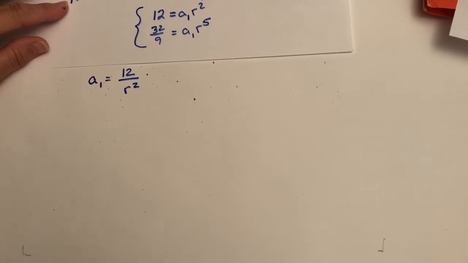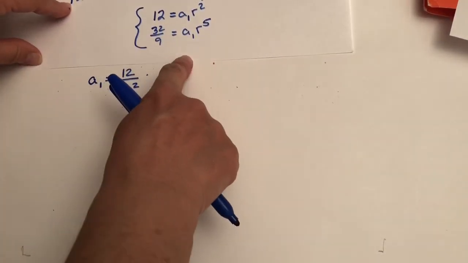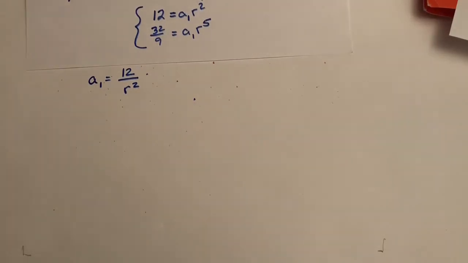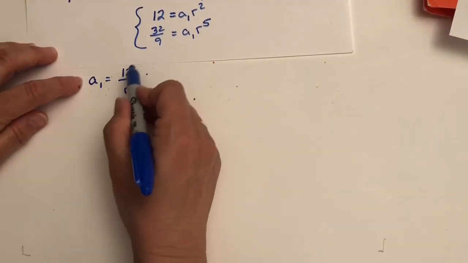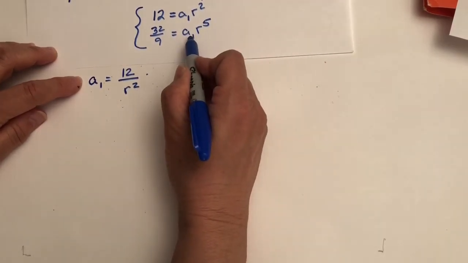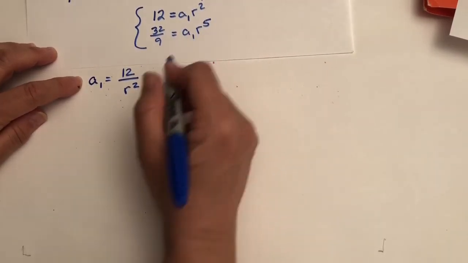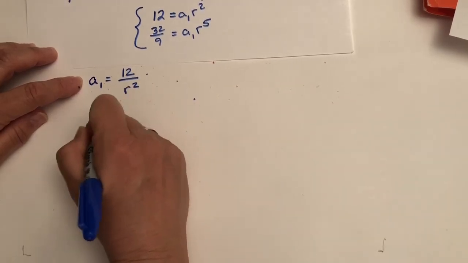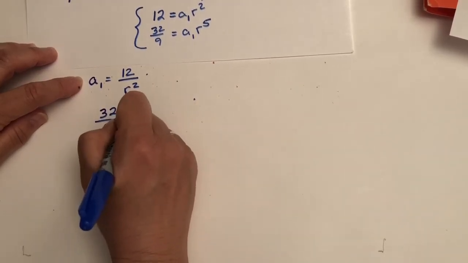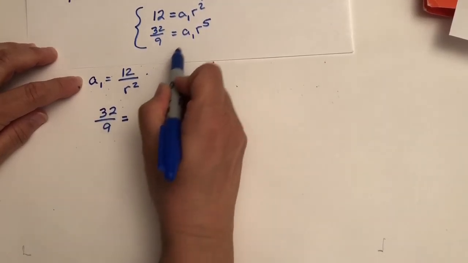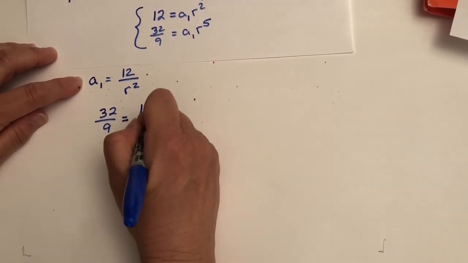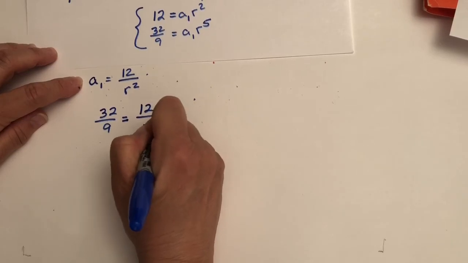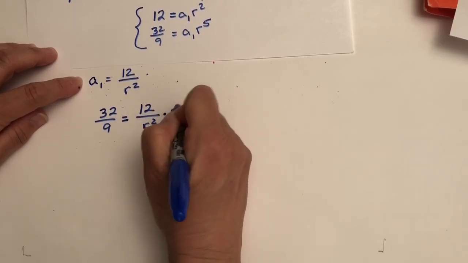I'm going to make a substitution into the second equation. I'm using the substitution method here. So we're substituting this in for a sub 1 in the second equation. So I have 32/9 equals, and here comes our substitution right in here, 12 over r squared times r to the fifth power.